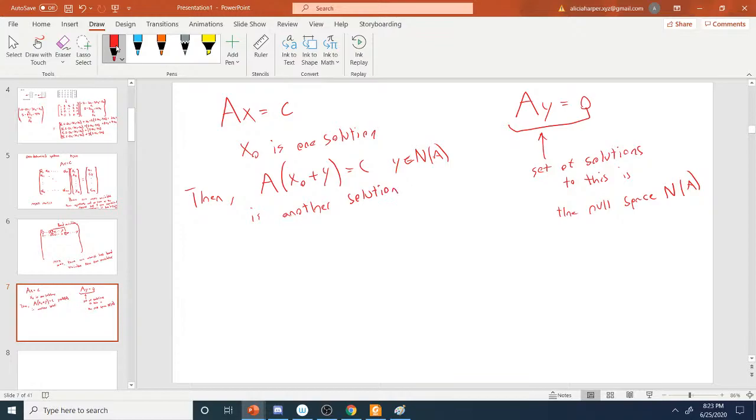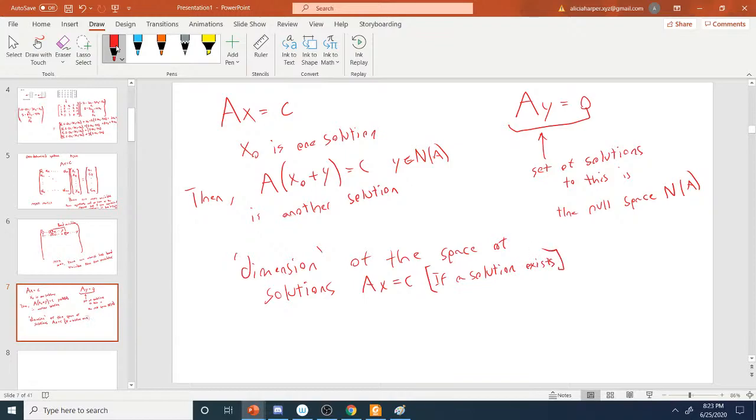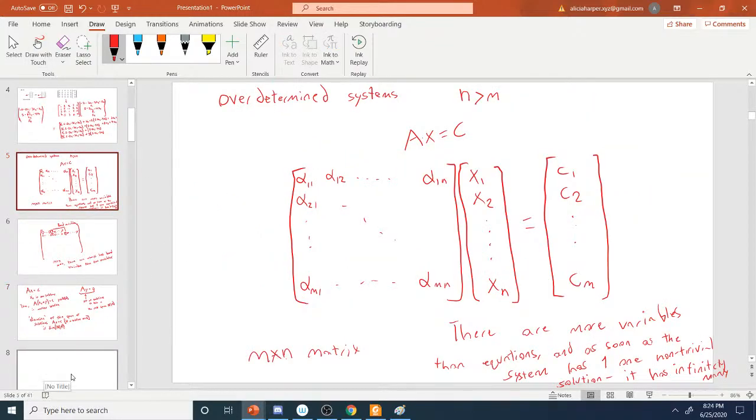And so roughly what happens is that the dimension, I'll put it in single quotes, of the space of solutions of Ax = c, if a solution exists, is the dimension of the null subspace. All right, so that's what I have to say on overdetermined systems.